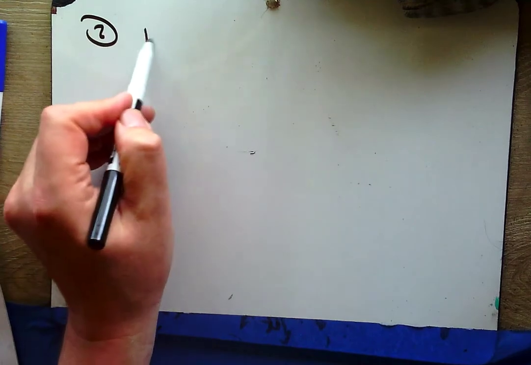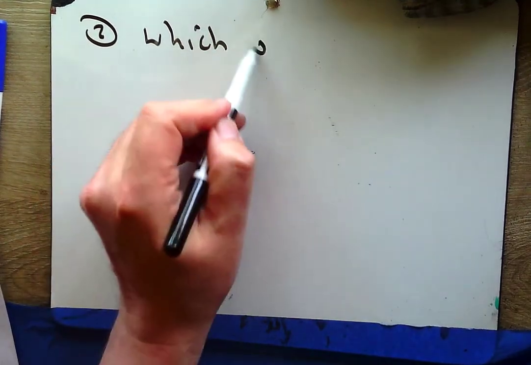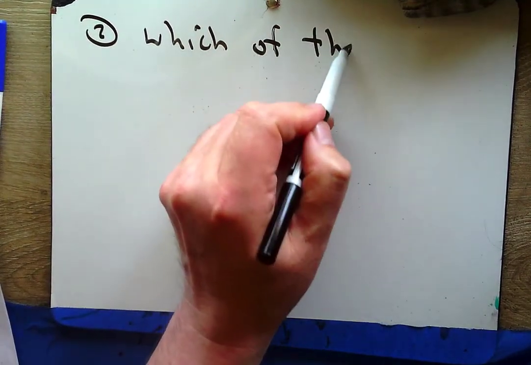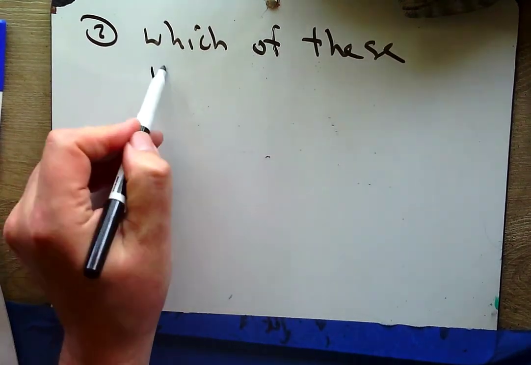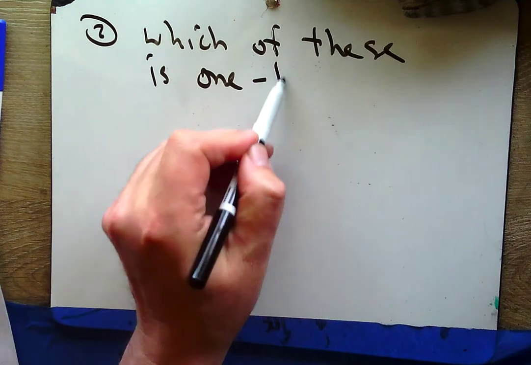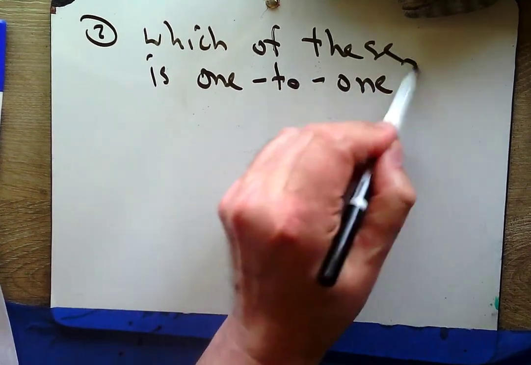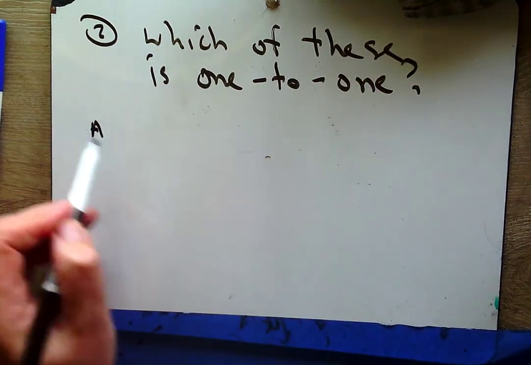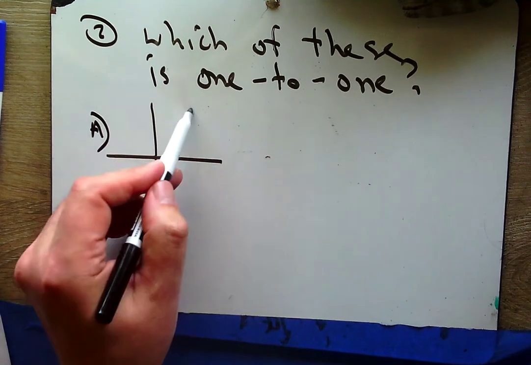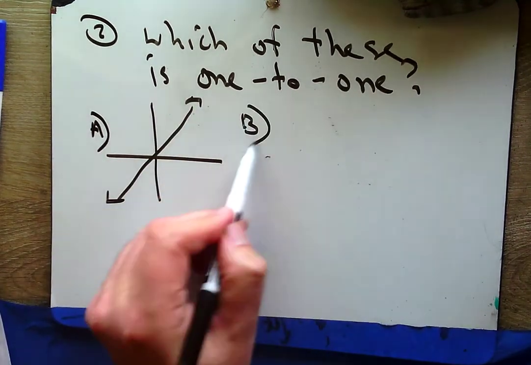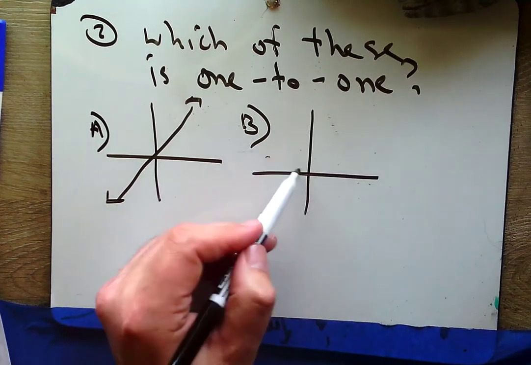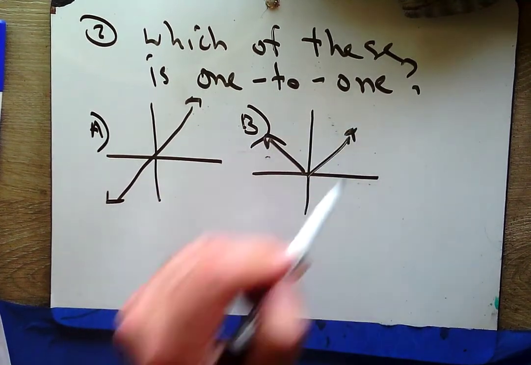Number 2. Which of these is 1 to 1? And we've got A that looks like this. And we've got B that looks like this.